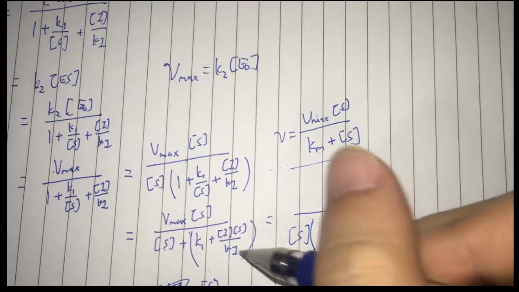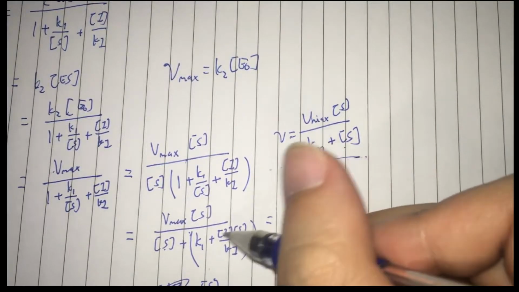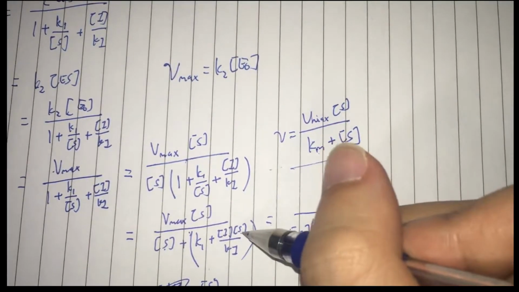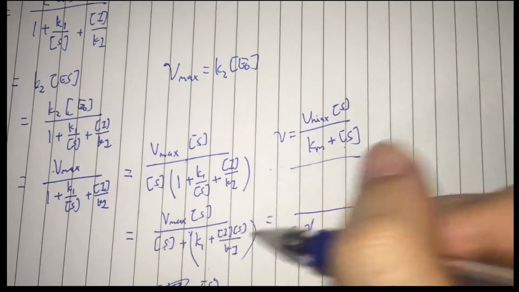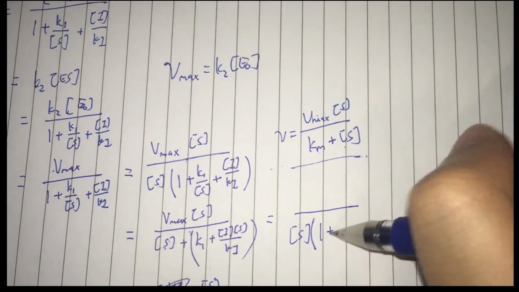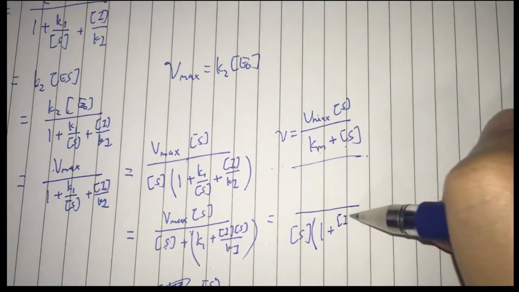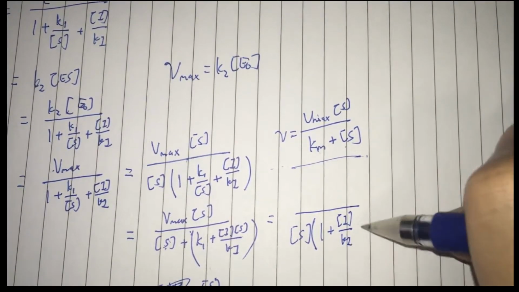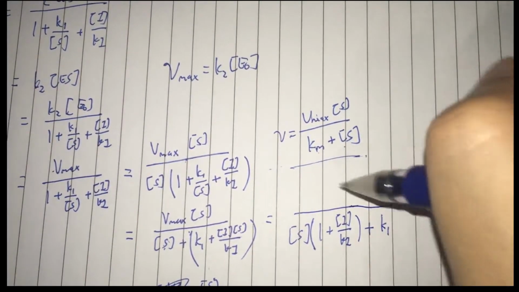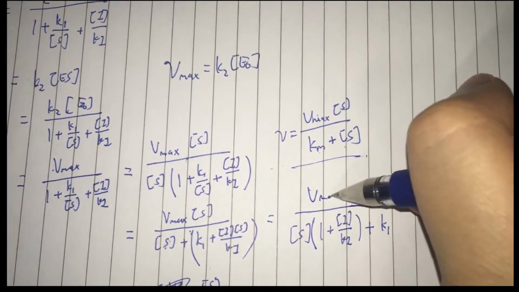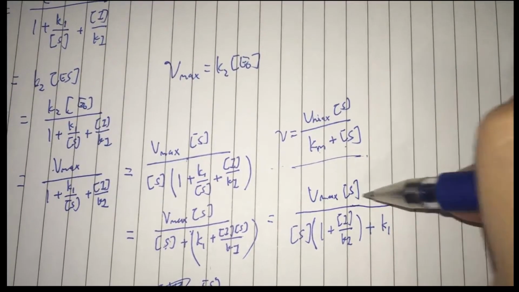So this S term I'm bringing out of this bracket, and I'm factorizing S out of this and this, so that you have 1 plus I over Ki, and then you have a K1 on the right, and the top remains unchanged.